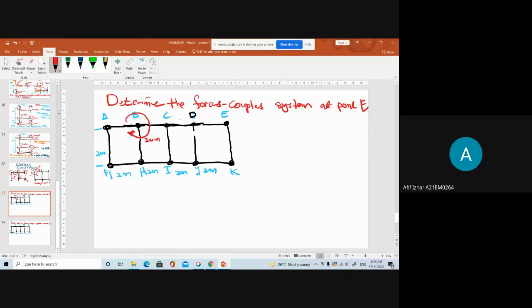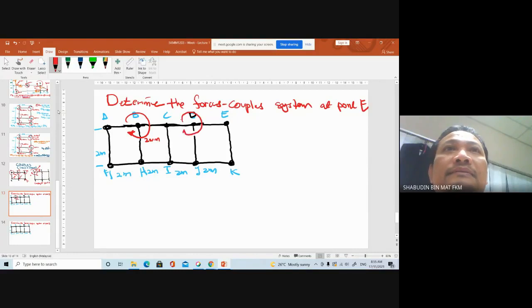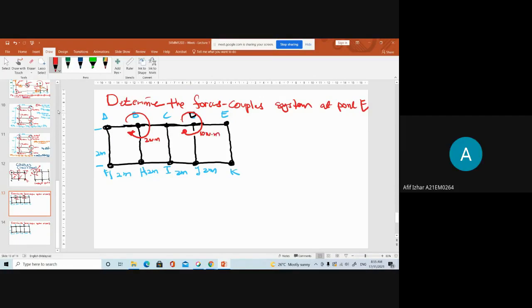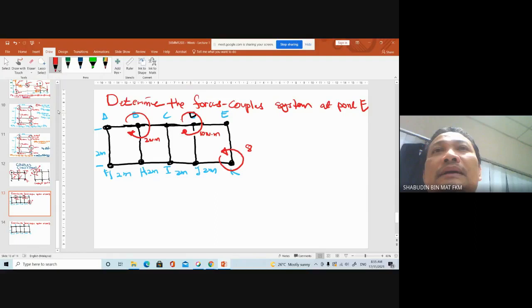D, 10 clockwise. Then K, 8 anti-clockwise, right? K is 8 Newton meter. What else? So nothing, right? Moment at H, say that 20 Newton meter. You twist that one.